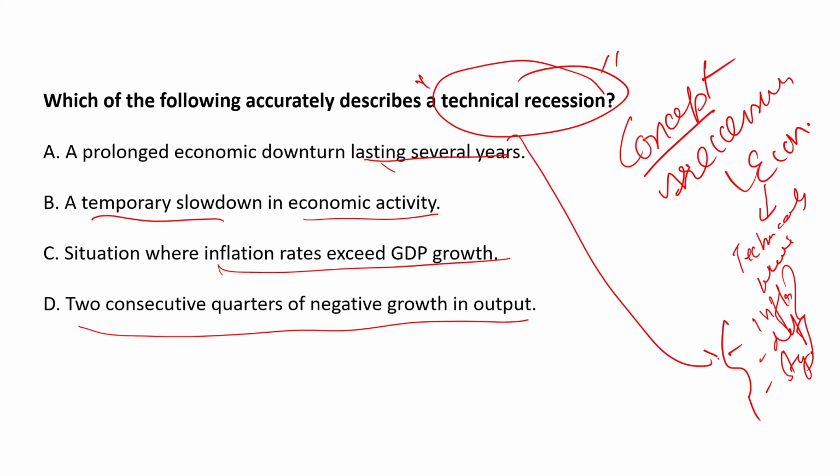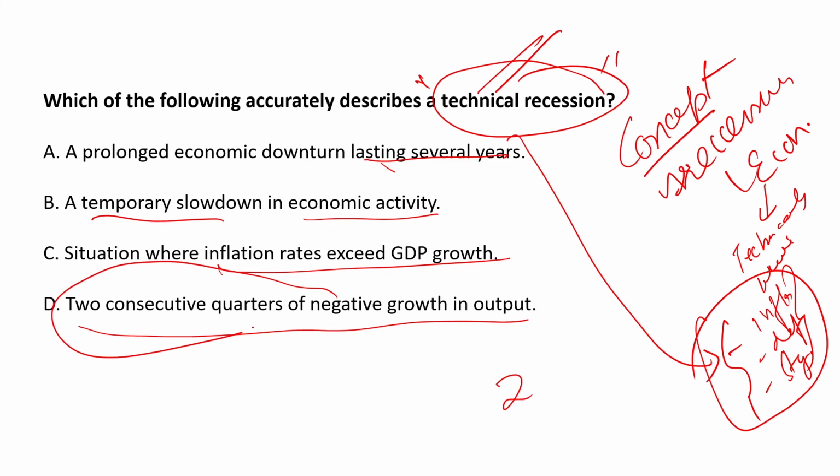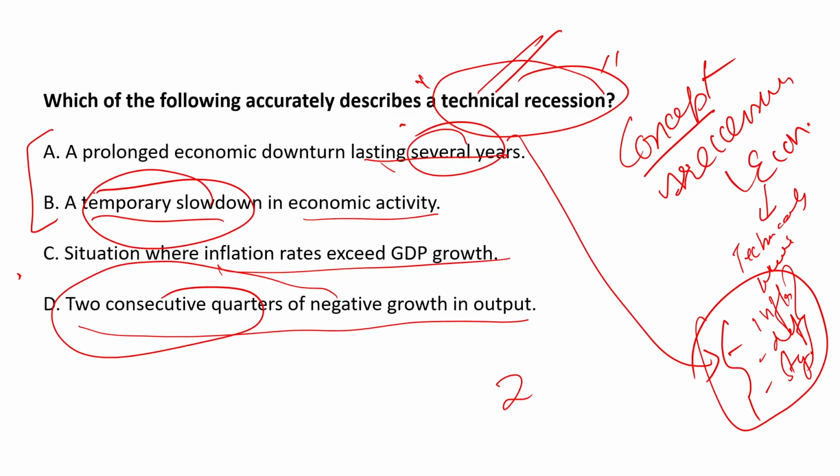Like I said, similar questions can be asked on the subparts of these questions as well. So pay great attention to all these aspects. A technical recession is when a country faces a back-to-back decline for 2 consecutive quarters. Apart from options C and D, the other options, such as temporary slowdown, are generic terms; they do not define the technicality.